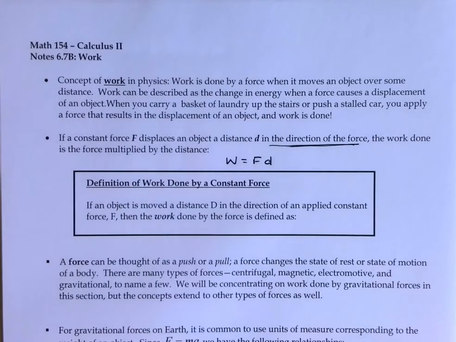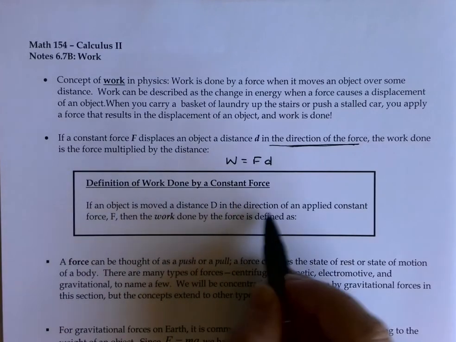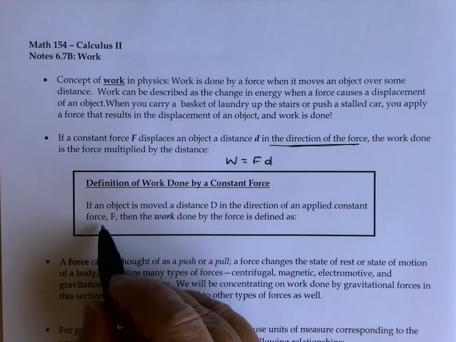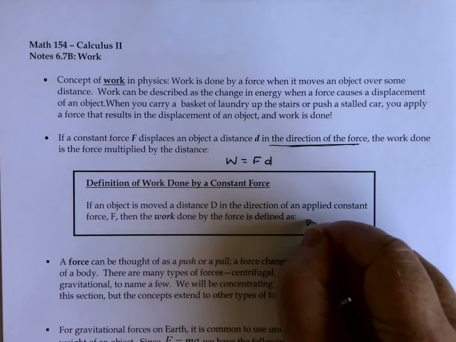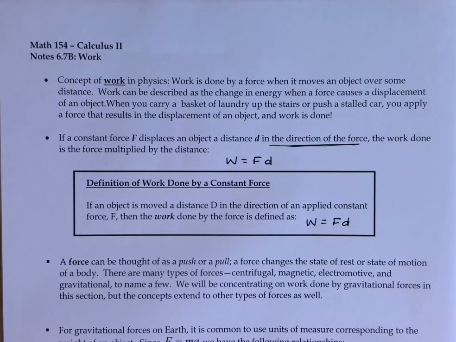Pretty simple equation, W equals F times d. So again, if the object is moved a distance d in the direction of an applied constant force, then work is force times distance.